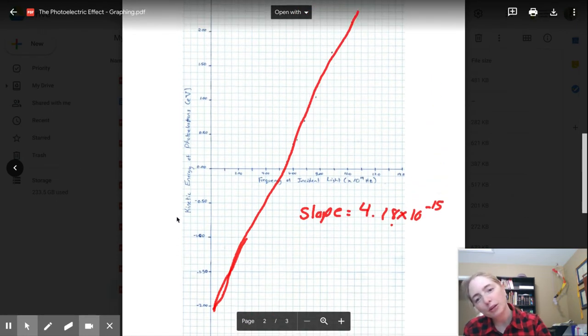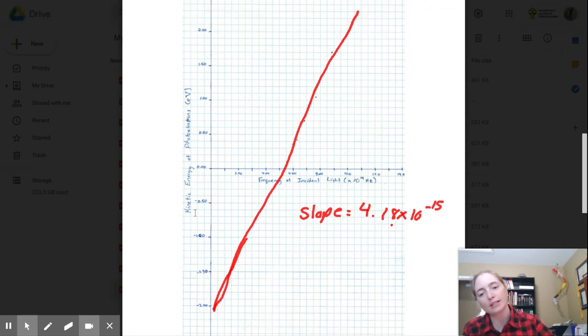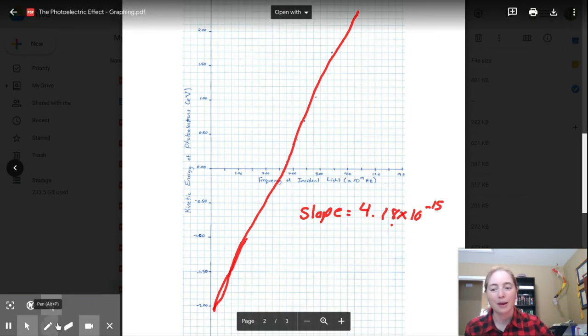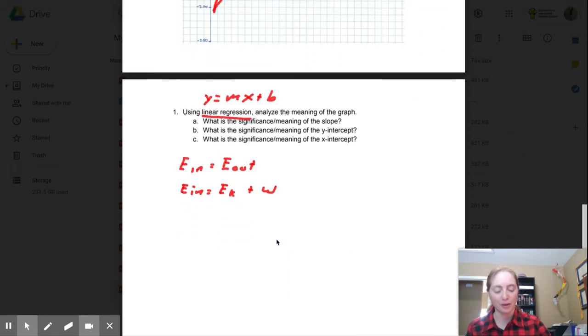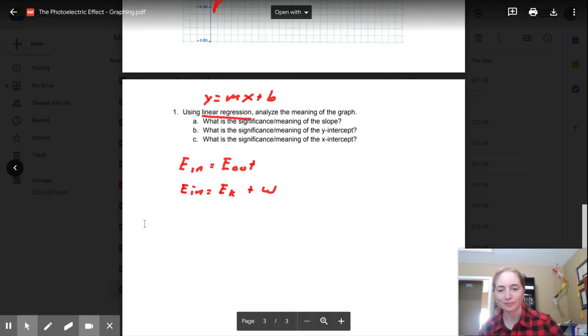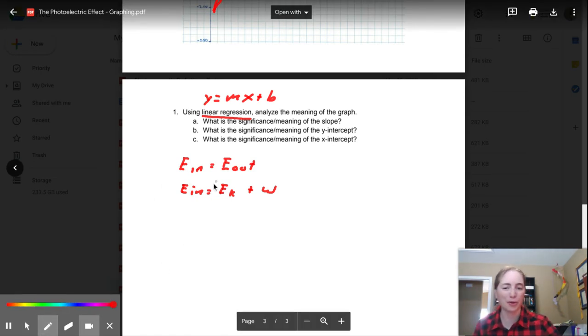Well, when we look at our graph, the y is the kinetic energy of the photon, and here our x is the frequency of the incident light. Okay. So that's going to give us an idea of how we want to set stuff up. Okay, well, ladies and gentlemen, let's just start by rearranging this to get this as y. So I'm going to minus my work function over.